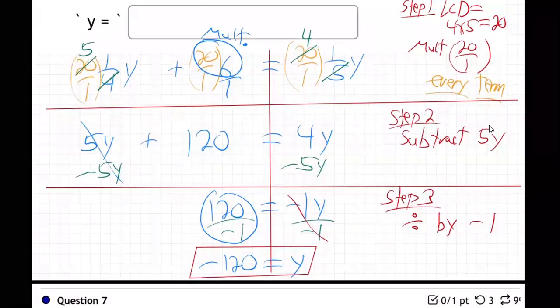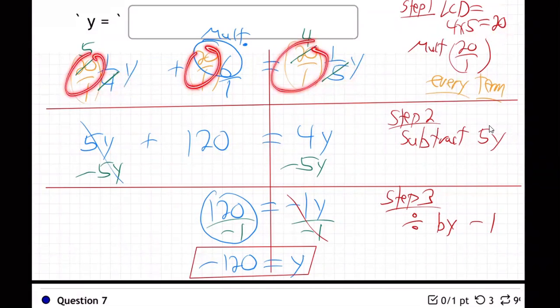So recapping, what had to happen to make that work? The first step is the most important. It's the LCD step again. The first step in every one of these problems is getting rid of the fractions, getting rid of the denominators. And the LCD is what the denominators go into. What do 4 and 5 go into? 20. So I multiplied every term by 20 over 1.